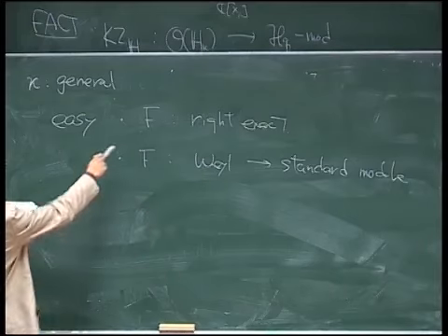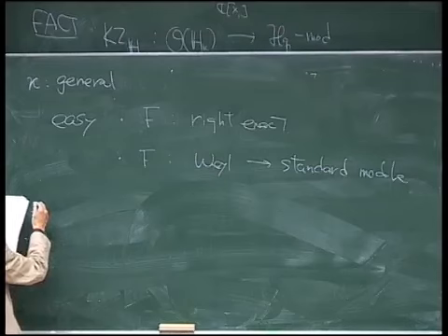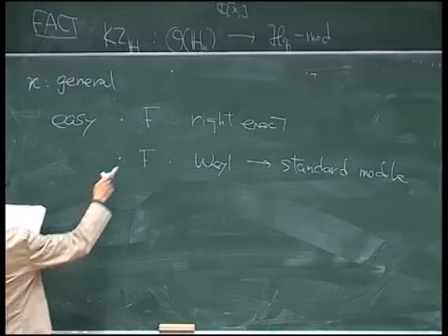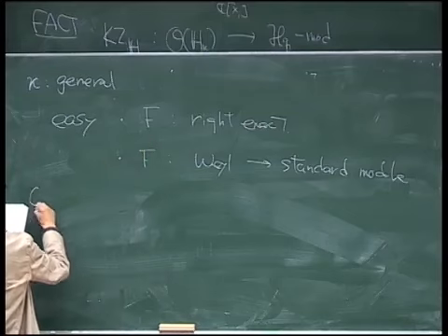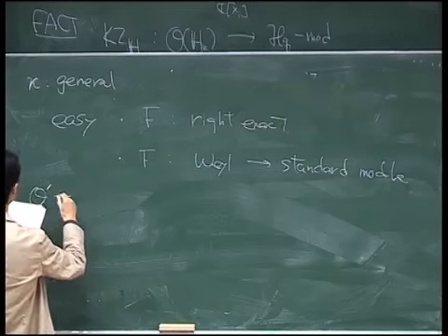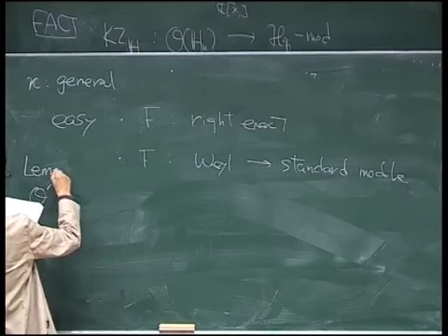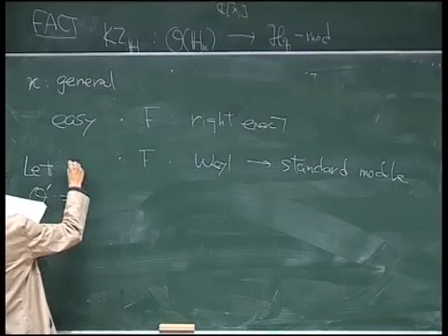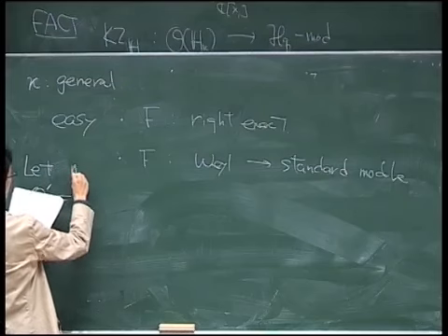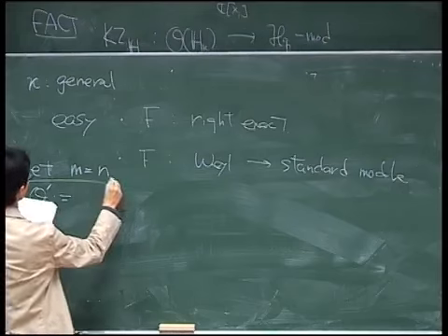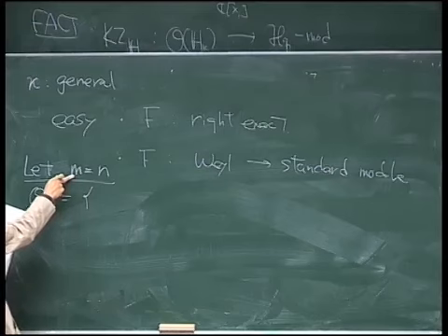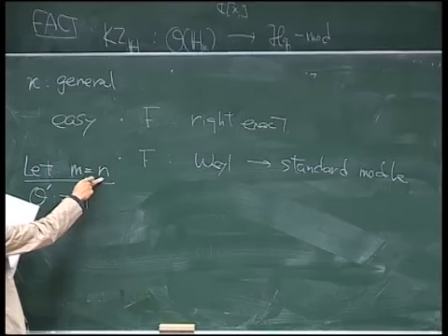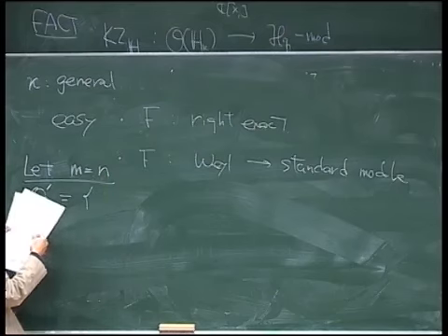To get a nice category, a nice functor, we need to consider restriction to a smaller category. For simplicity, let me specialize to m equals n, where m is the rank of G and n is the rank of the Cherednik algebra.